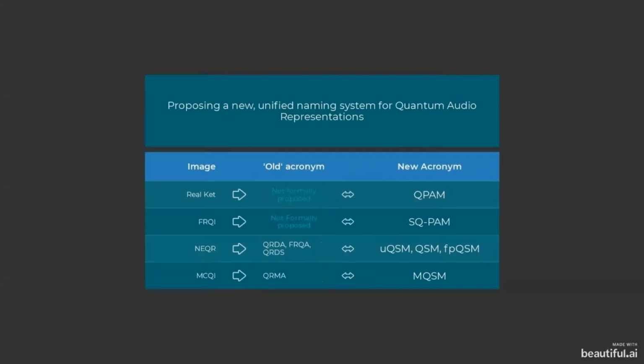Maybe I can try to simplify things, but now you have to know more acronyms, but well, we can try with both naming systems. So the idea is that I've tried to put together the RealCat version of audio and the FRQI version of audio, and I call these KeyPen and SQPen.